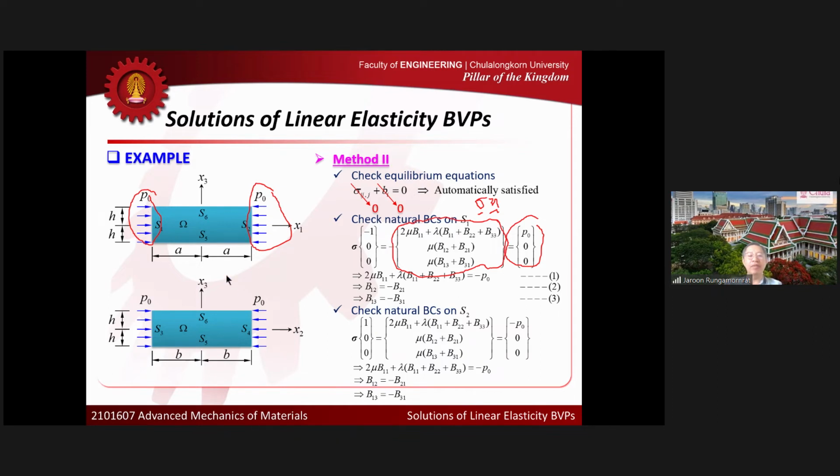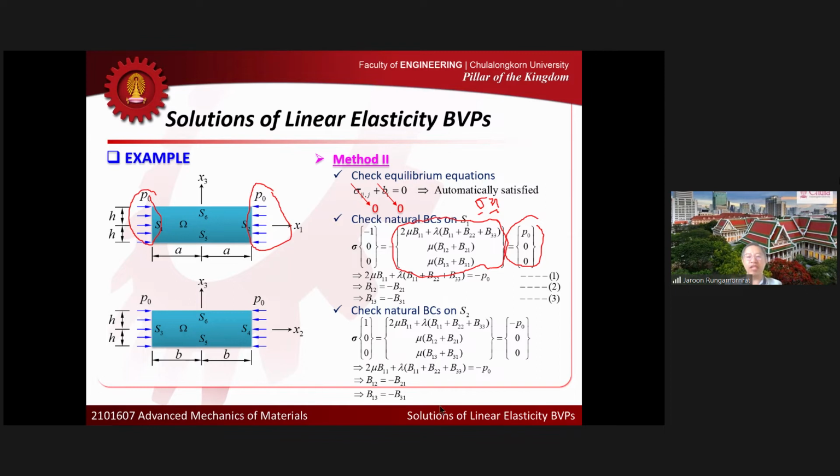So if you have a displacement boundary condition, you have to verify that as well. If you go back to look at the conditions that we have to satisfy, it depends on the problem. So if on the boundary you have both displacement and traction prescribed in different parts of the boundary, you have to check both of them.